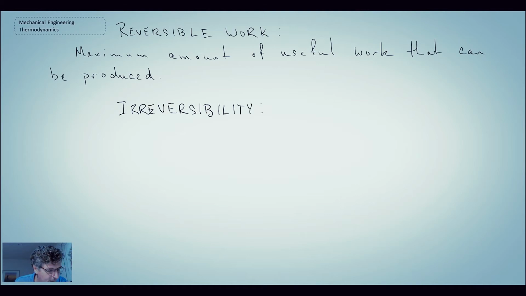And what this is, it's basically exergy that is lost or destroyed through our process. So we want to minimize irreversibility as engineers. These are losses in our system.